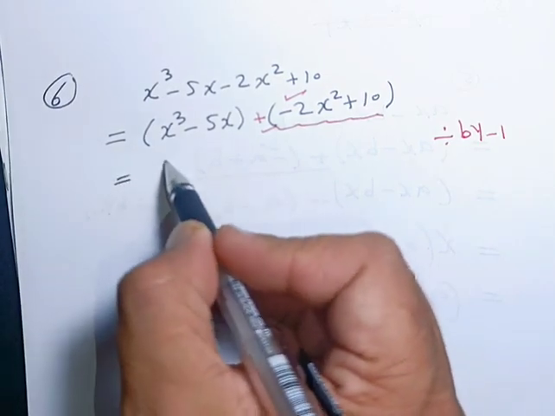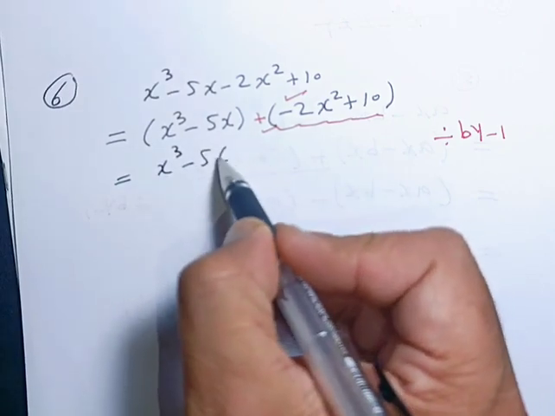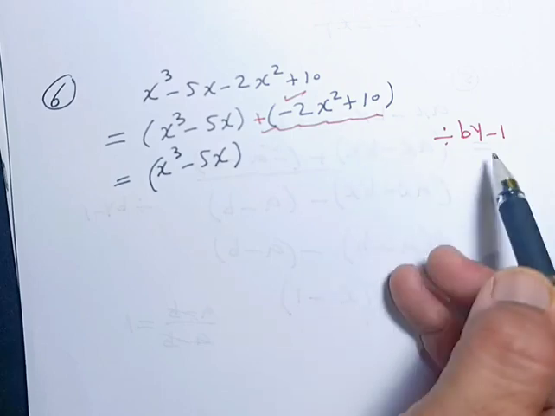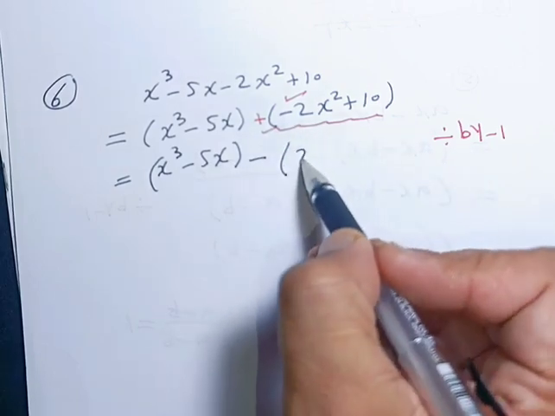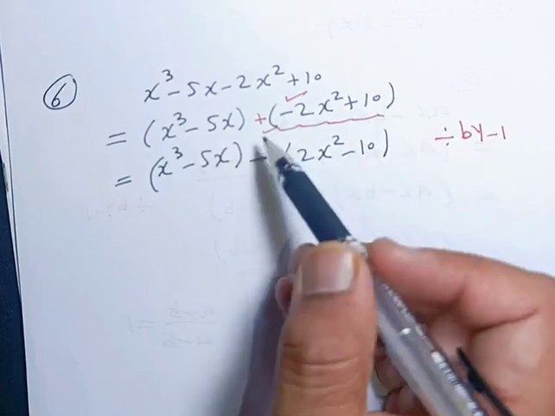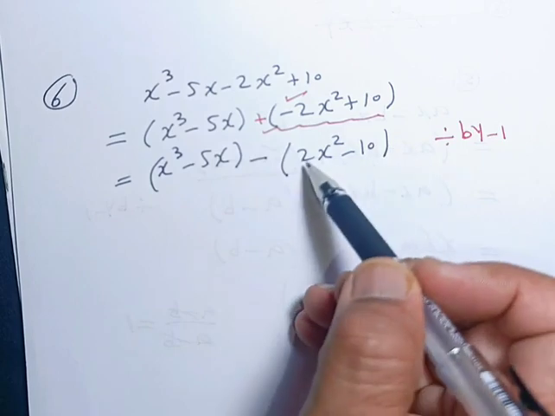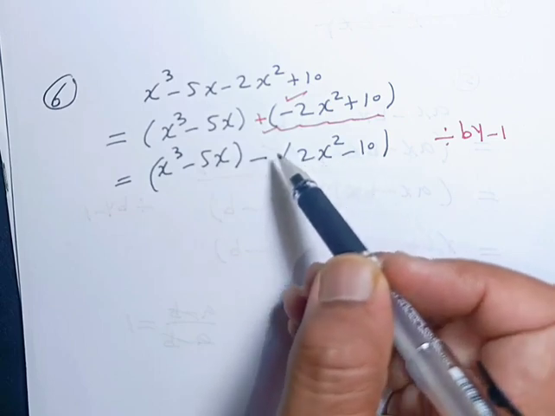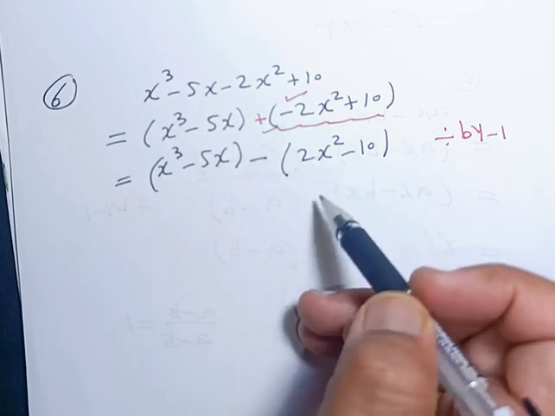The first bracket I'm going to write as is, x power 3 minus 5x, and then I divide this whole second bracket by -1, so positive becomes negative, and negative becomes positive, and positive becomes negative again. Two different signs give negative, two same signs give positive.